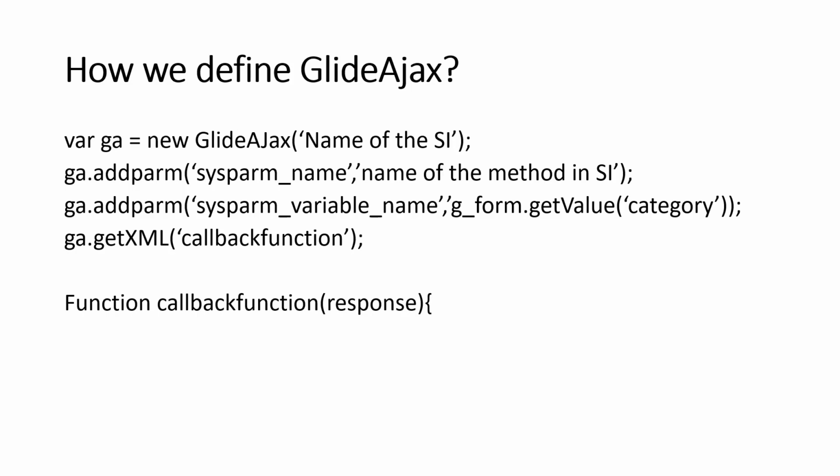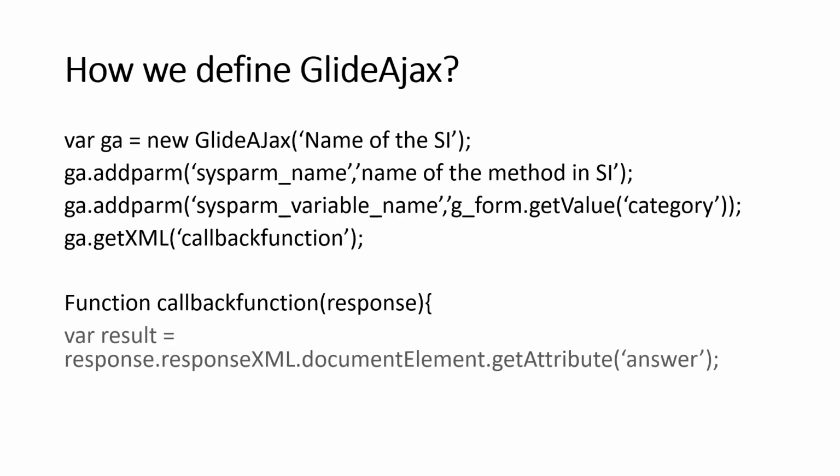So now how can we get the value? We need to unwrap the XML and get the value. So we are declaring a variable result, and with the help of the response object, response.responseXML.documentElement, we need to use the method getAttribute, and then answer. So what is this answer? I'll show you in the next slide.